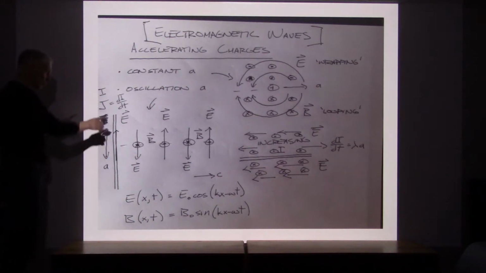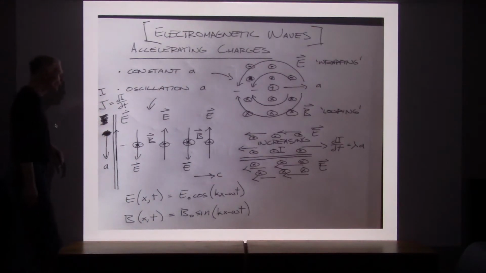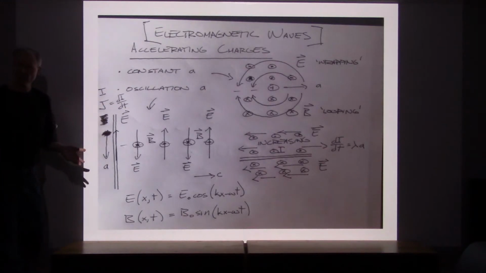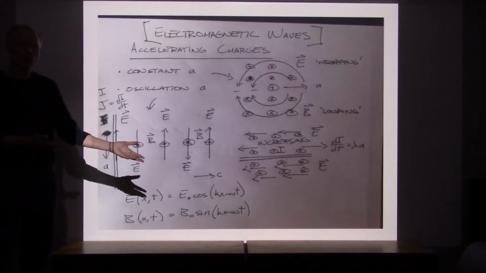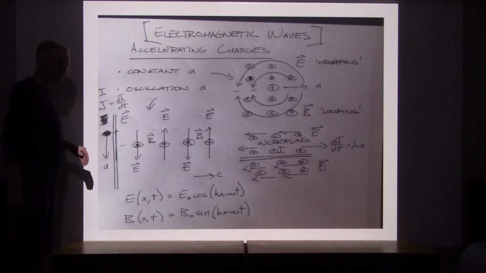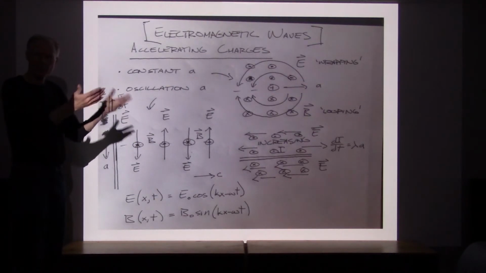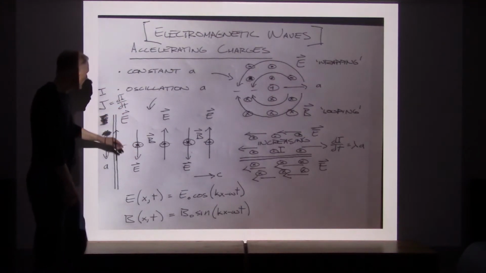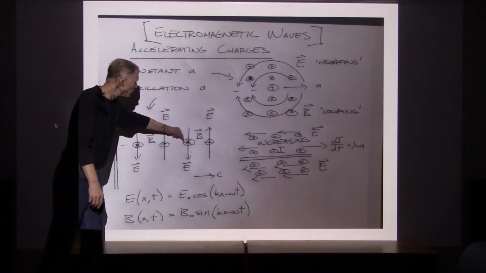Because what's happening here, when we write these equations down, nothing's moving except the charges. The charges are the only thing in motion here. The fields themselves, there's nothing moving in the fields. What we're saying is, let's map out a series of locations in space.